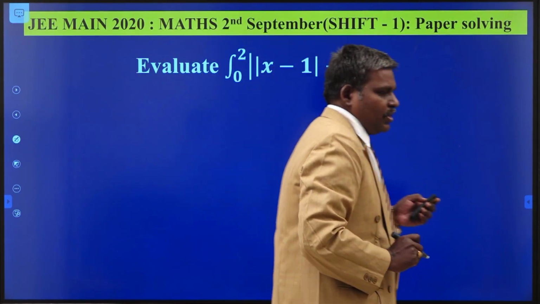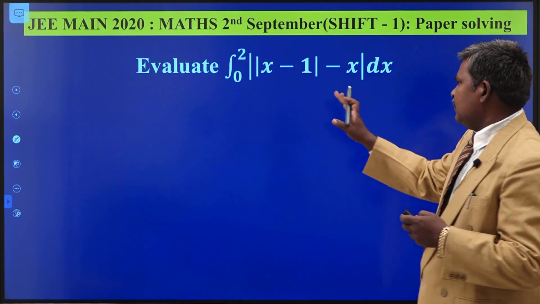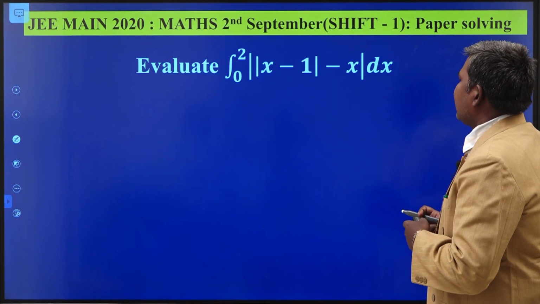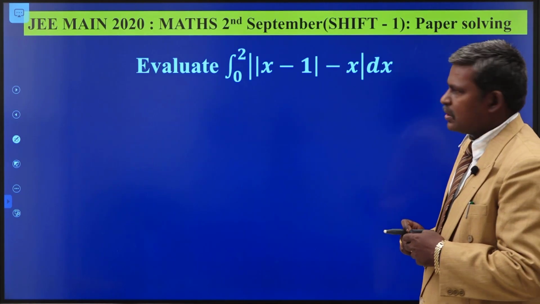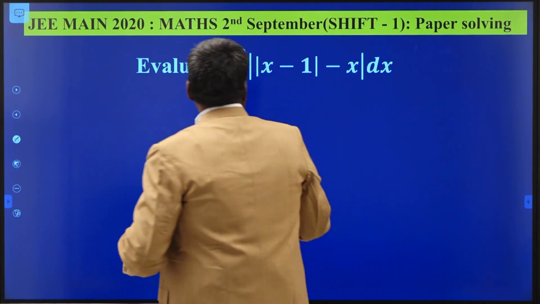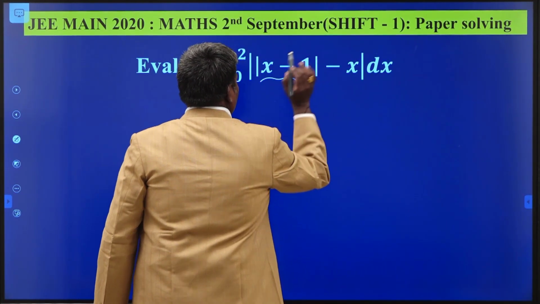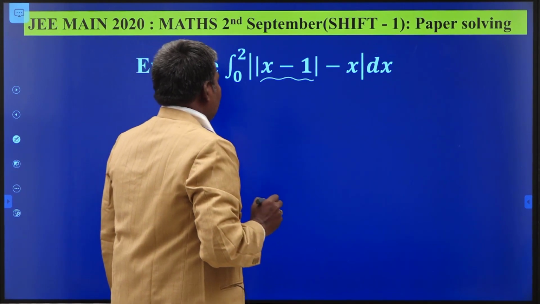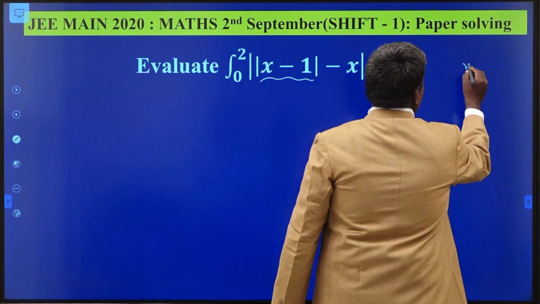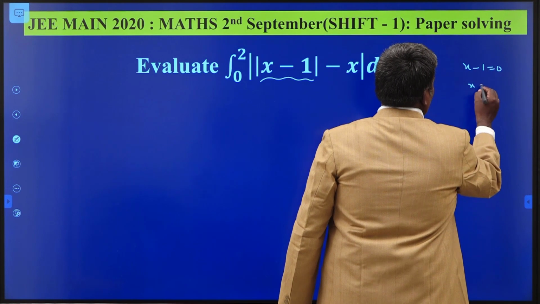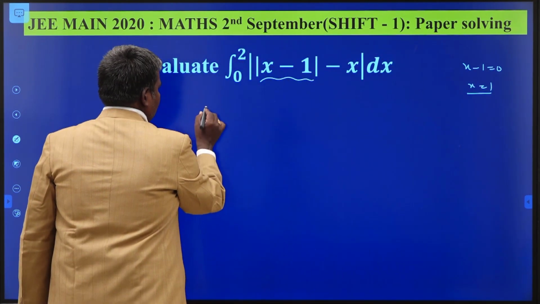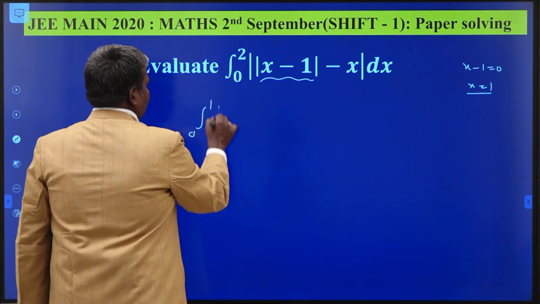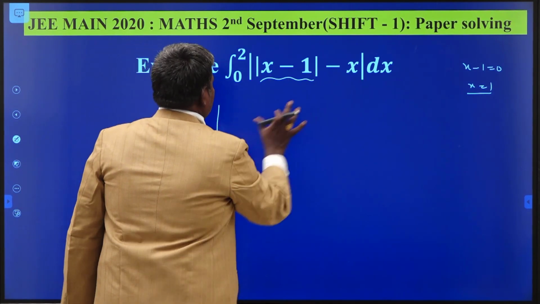Next, you have to evaluate the integral from 0 to 2 of modulus of mod x minus 1 minus x dx. Understand? You know that mod x minus 1 is there. If you equate x minus 1 equal to 0, x equals 1. Now we break the definite integral from 0 to 1. In the integral from 0 to 1, I write the external modulus as itself.